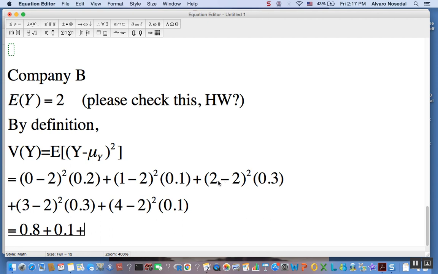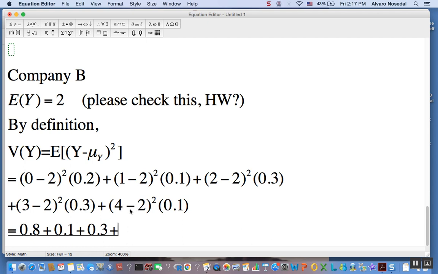This one is a beautiful 0, so we don't have to worry about that one. Let me be lazy and just ignore it. Then we have 3 minus 2, that's 1, 1 squared is 1, times 0.3, we have 0.3.